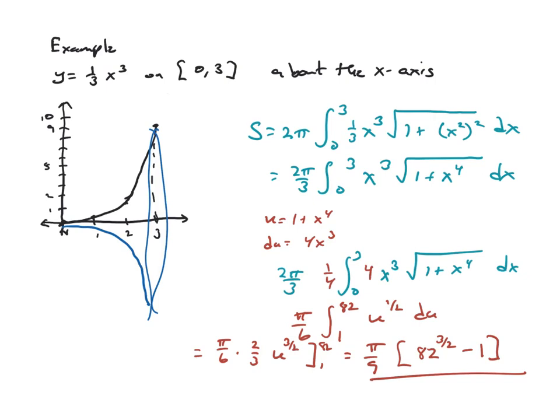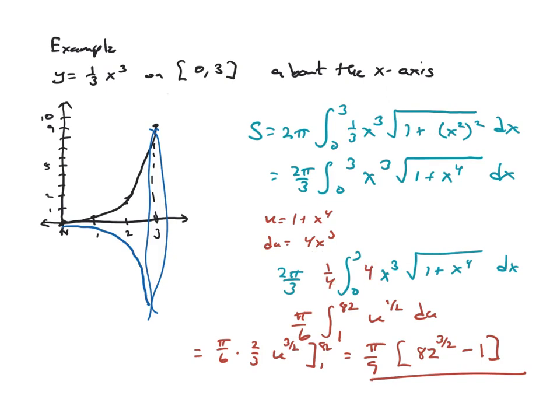Welcome back. I came up with pi over 9 times the quantity 82 to the 3/2 power minus 1. Definitely not the prettiest of answers, but that's what I came up with. Now, I did this one by doing a substitution. I did a complete change of variable in the problem. You'll notice here that I let u equal 1 plus x to the 4th. du is 4x cubed, so I put the 1/4 and the 4 to get it set up.